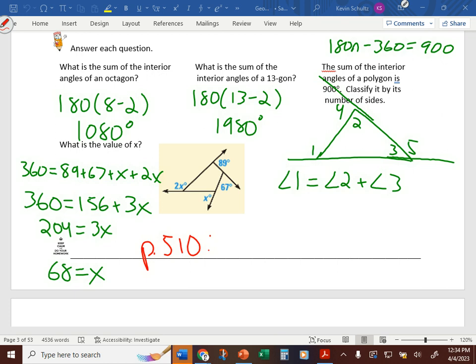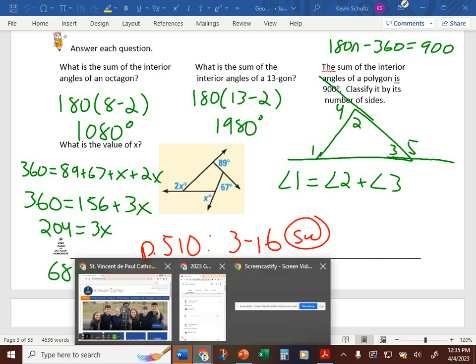I'd like you to do 3 through 7. Let's be serious. 3 through 16. Make sure you show your work. If you borrow a book from the back, make sure it gets returned. This is due tomorrow. That's how you math.